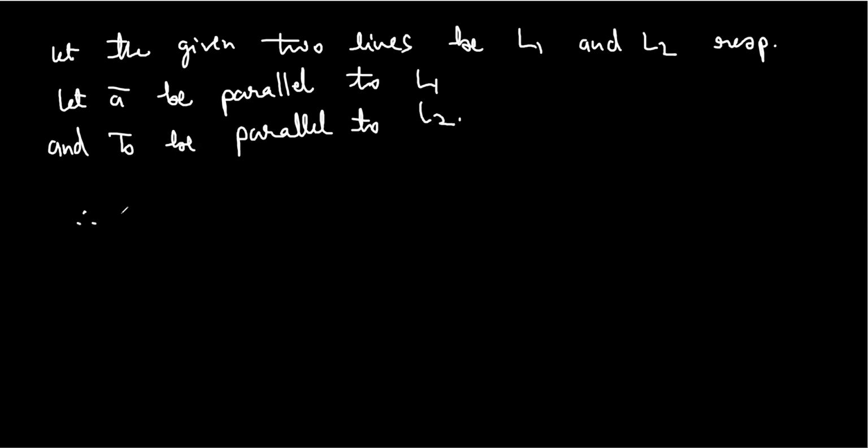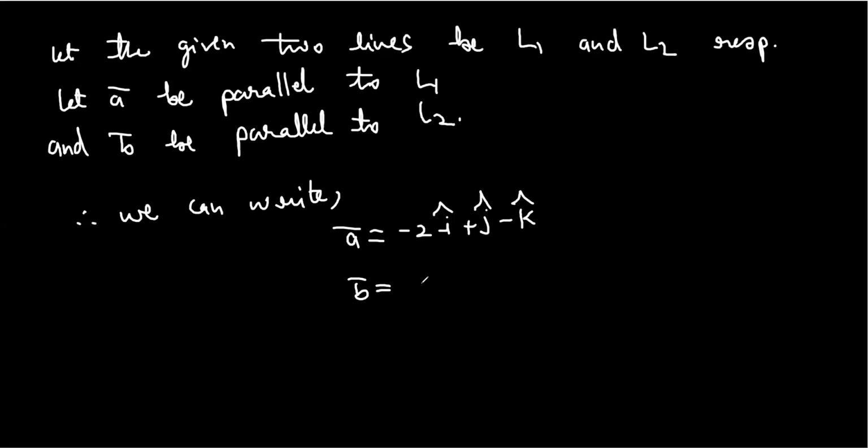Therefore we can write A bar and B bar. A bar is minus 2 i cap plus j cap minus k cap, and B bar is minus 3 i cap minus 4 j cap plus k cap.